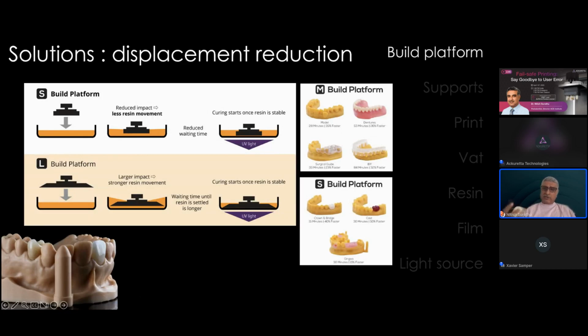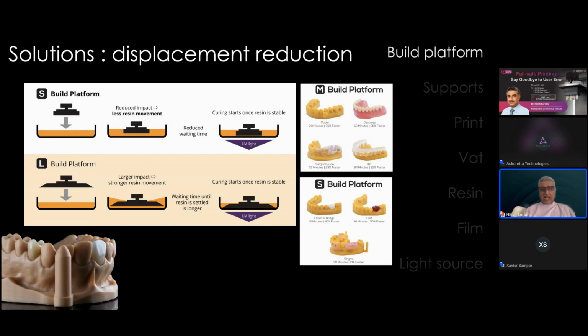Obviously, the platform needs to come down the printer and go into the resin in order to print. So a small platform, therefore, will displace less resin. A large platform, therefore, will displace more resin. But the fact is that every time a printing platform needs to move away from the film, it needs to allow the resin to come back to level 0 before it approaches the resin again.